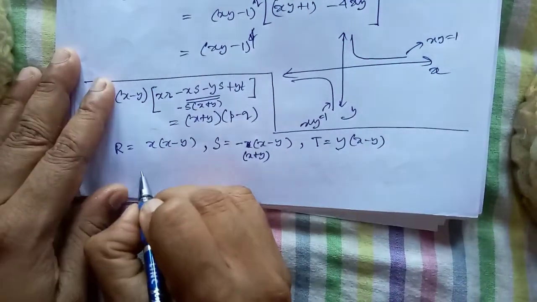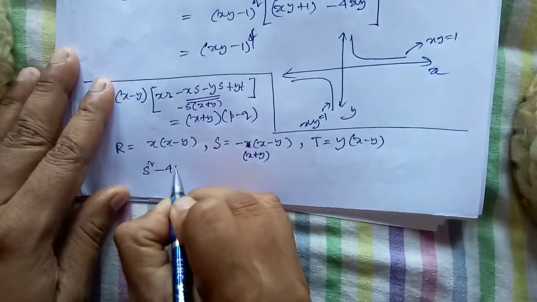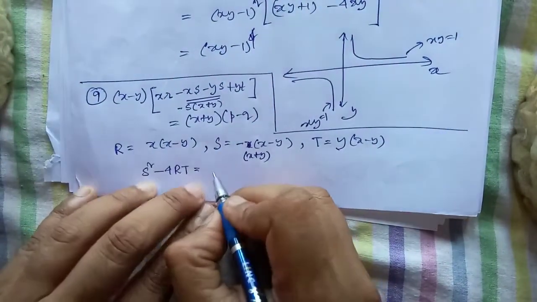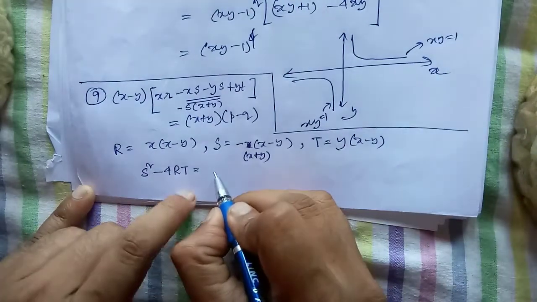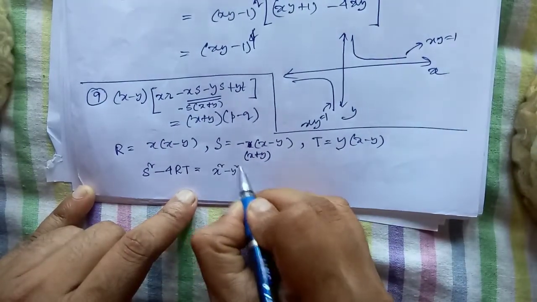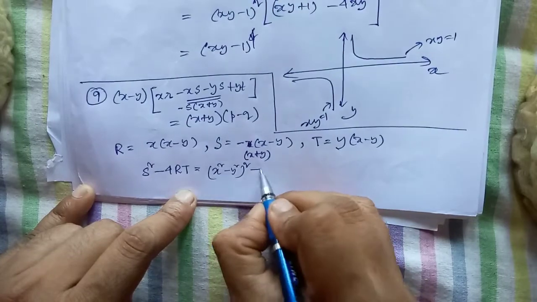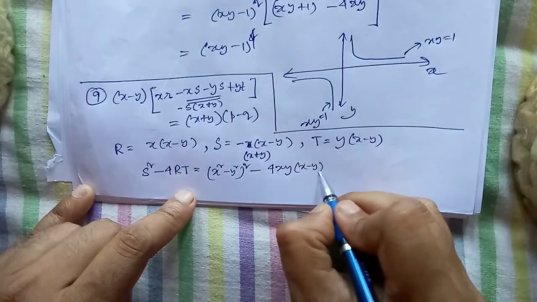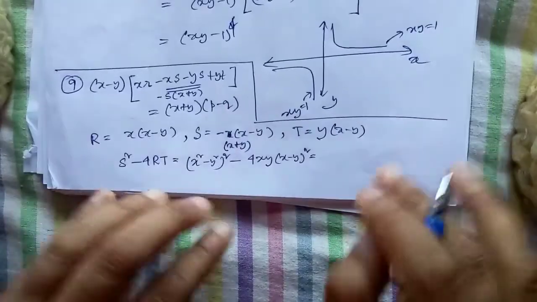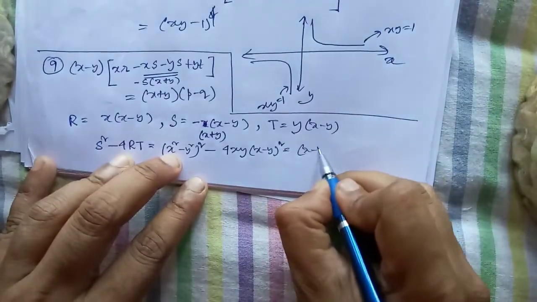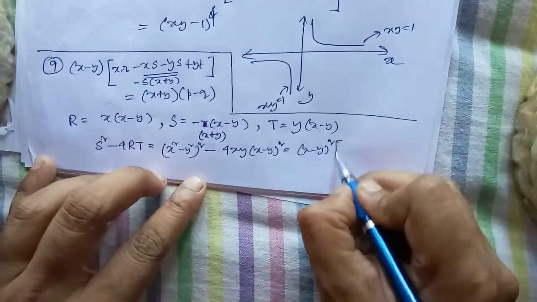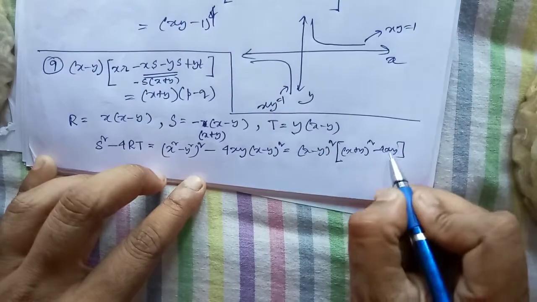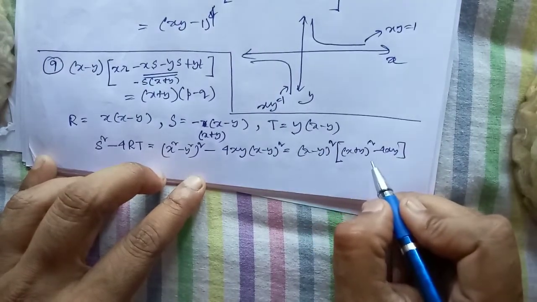So let's go for s square minus 4rt. This is (x square minus y square) whole square minus 4xy into (x minus y) whole square. Simplifying, (x minus y) whole square will be common, and then (x plus y) whole square minus 4xy will remain, which is actually (x minus y) whole square.